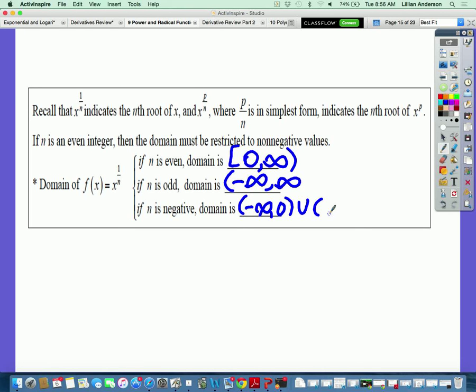Is 0 included? Think back to the problem of the day. There was an asymptote at 0. No. So it's not included. But it's everything else but 0. So those are your respective domains for n when it's a rational exponent.